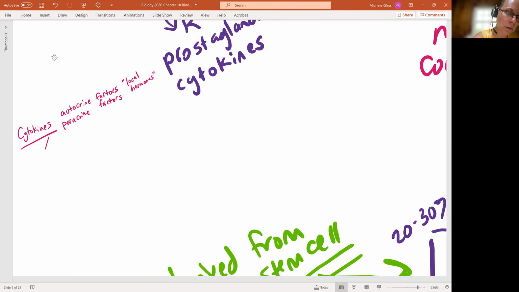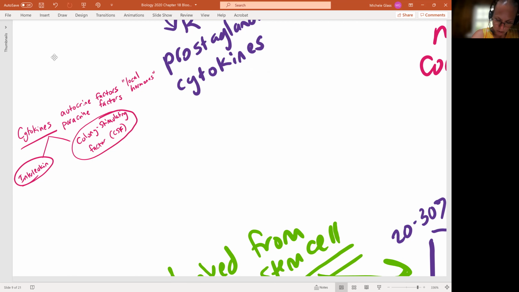And we have two important categories to talk about here. We have what's called the interleukin. And then we also have what's called the colony stimulating factor, which can be abbreviated as CSF. So the interleukin we're going to see is going to be released to increase white blood cell production.